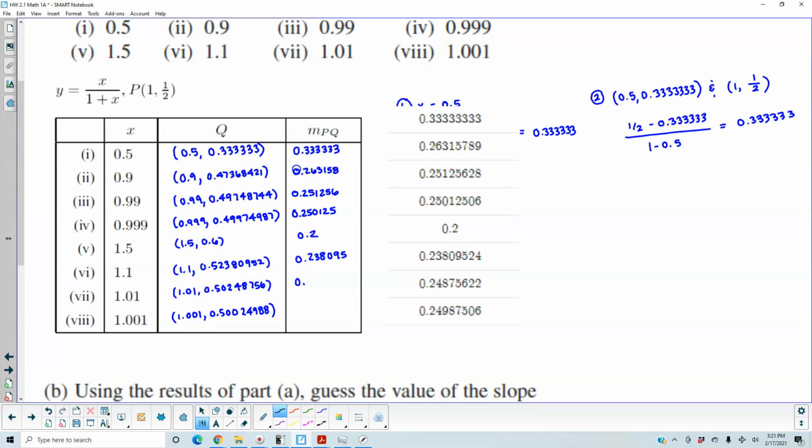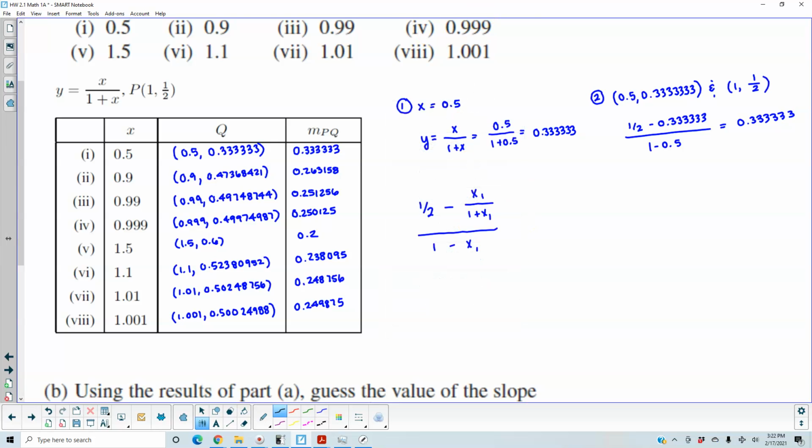The next one is 0.248756. And then 0.249875. So our calculator on Desmos was able to do most of the work for us, other than writing the information down.